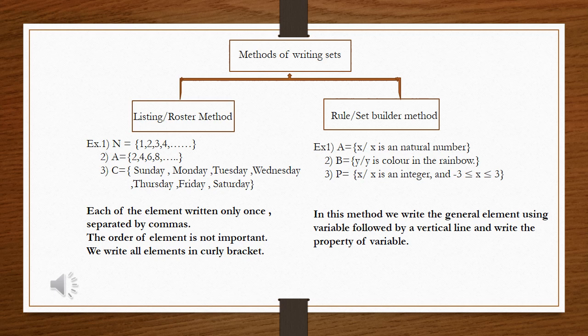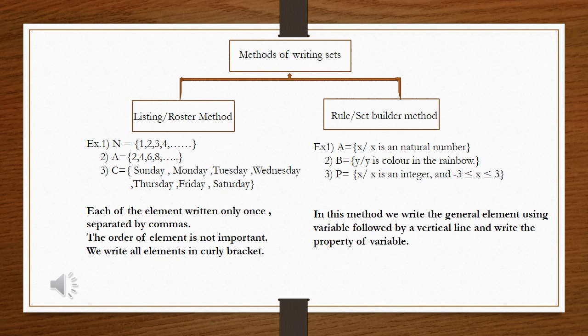Now take the second method of writing sets. The second method is the rule or set builder method. For example, A equal to, in curly brackets, x such that x is a natural number. That means here the variable is x and we have given a condition to x, that x is a natural number. Second one, let B equal to, in curly brackets, y such that y is a color in the rainbow.